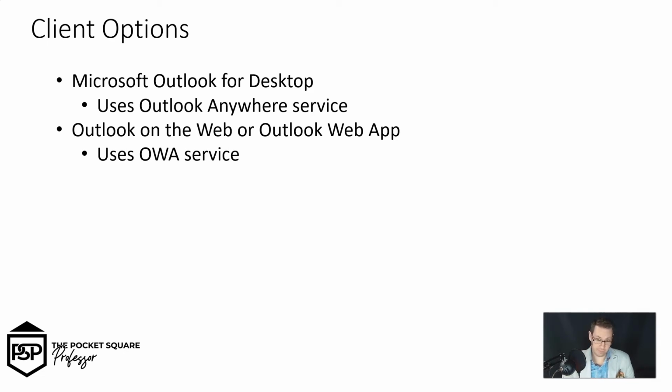We've already looked at the web app, Outlook on the web. We already looked at that in the mail flow where we were testing the transport rules and all of that. That's great because that took care of a lot of the functionality. Now, I'll be honest with you, Microsoft has come a long way.